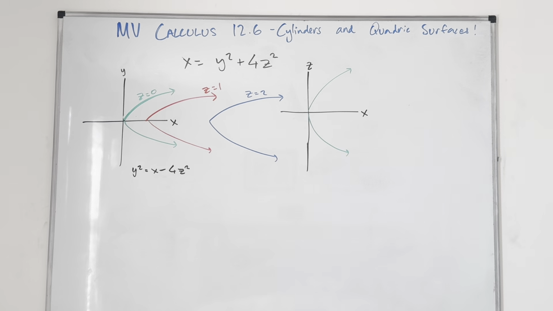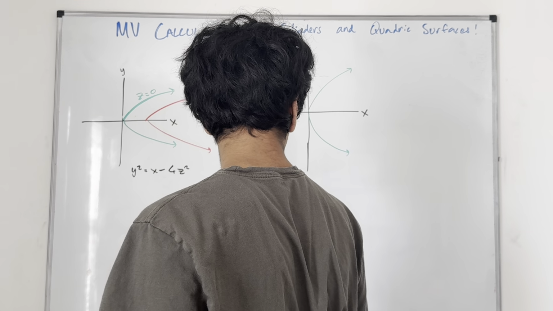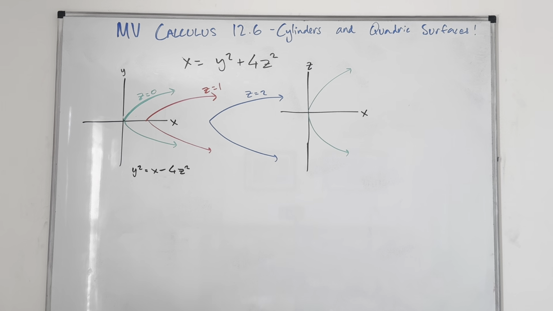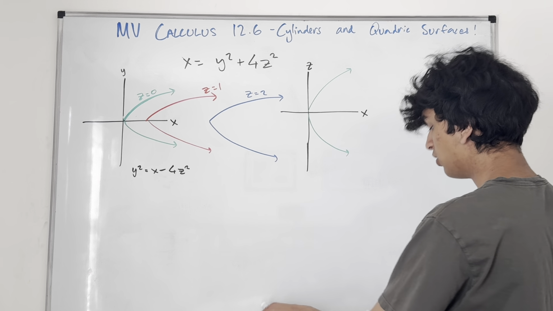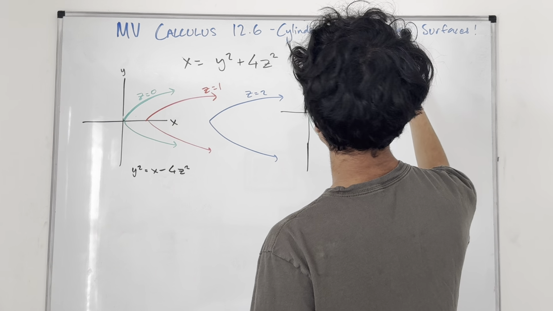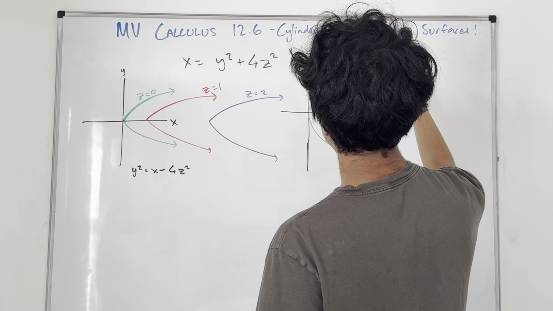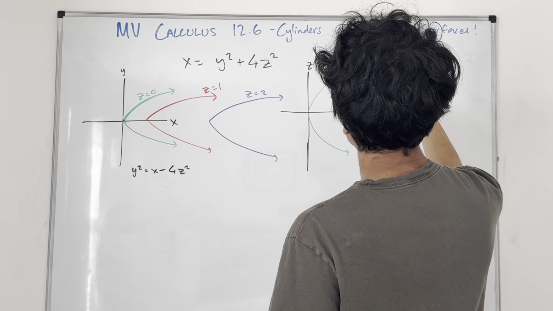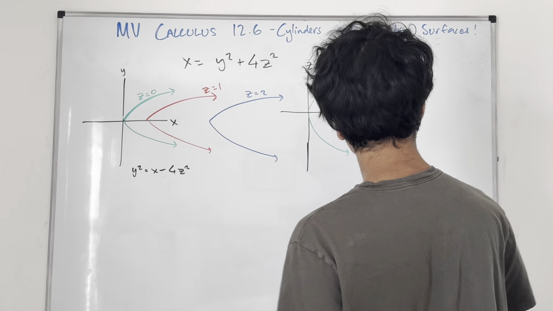Rearranging helps you graph it into something that you actually know. So if I were to rearrange this, I get 4 z squared.